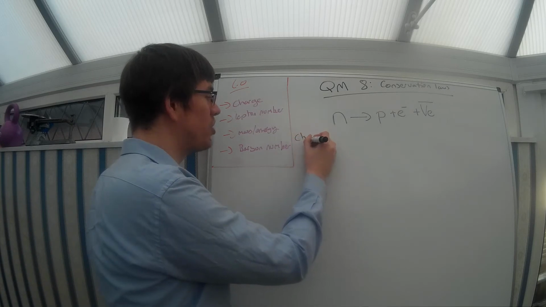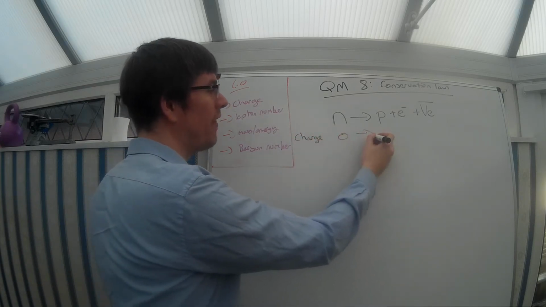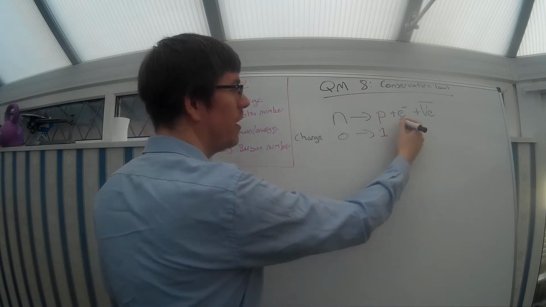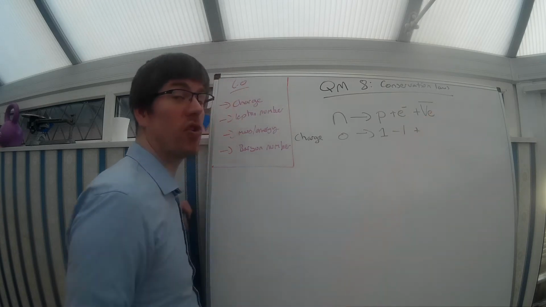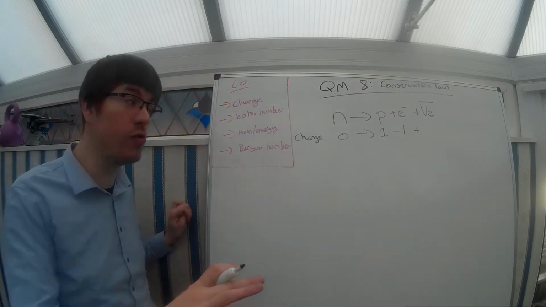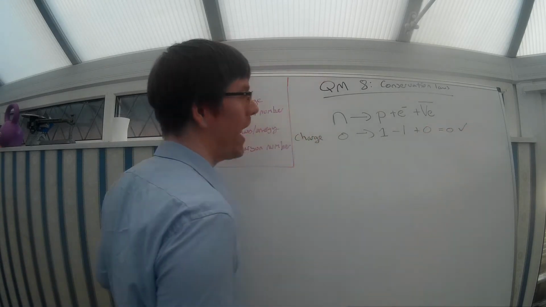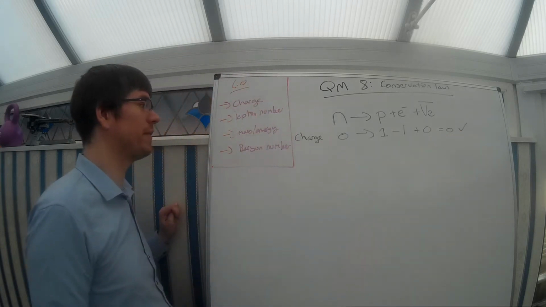So let's start with charge. The charge of a neutron is 0, and that is going to the charge of a proton, which is 1, charge of an electron, which is -1, plus an anti-electron neutrino. Neutrinos have no charge, so that's 0. So that equals 0, so that's okay. We've got 0 before and 0 afterwards.